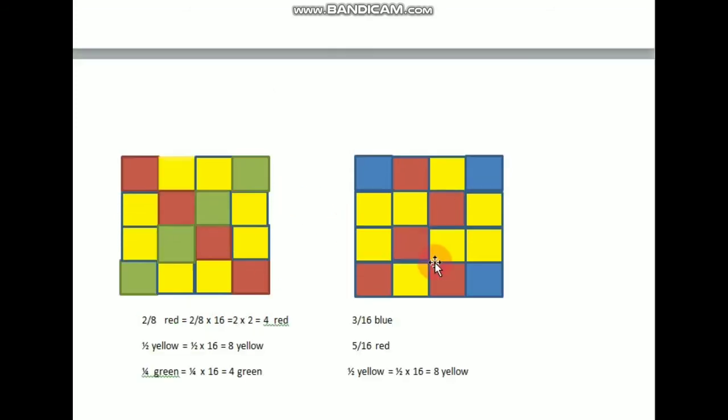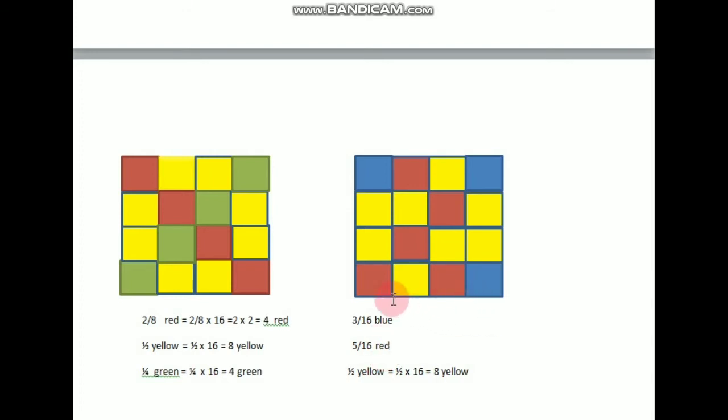And now in the second grid, that is answer number B, this was answer number A. In answer number B, 3/16 blue, it is directly given that out of 16 parts, 3 parts you have to color blue. So here 1 2 3 parts I have colored blue. And here also directly said, out of 16 parts, 5 parts you have to color red.